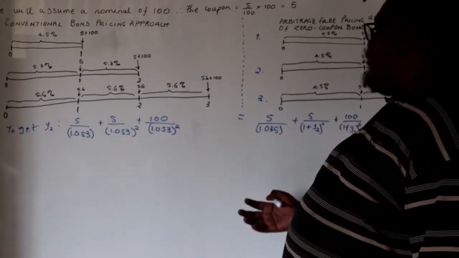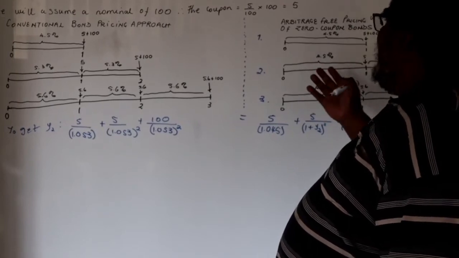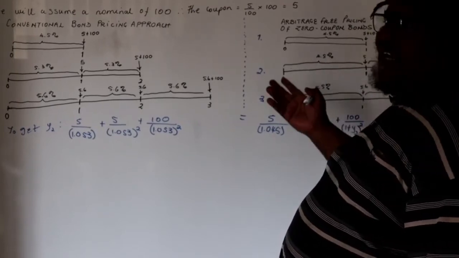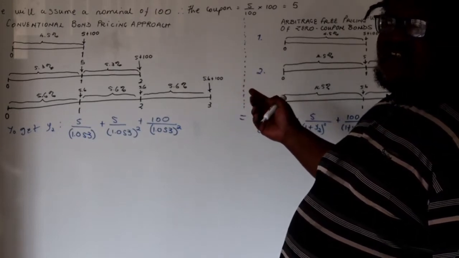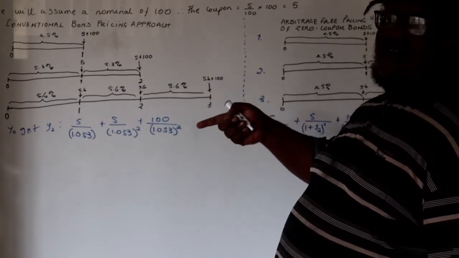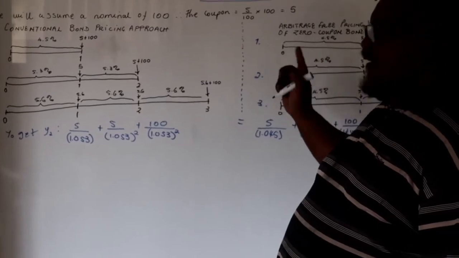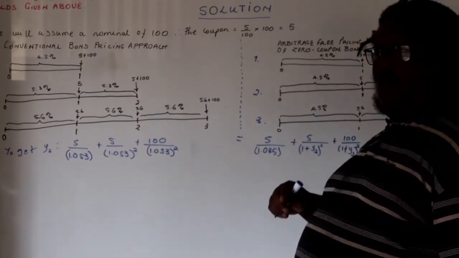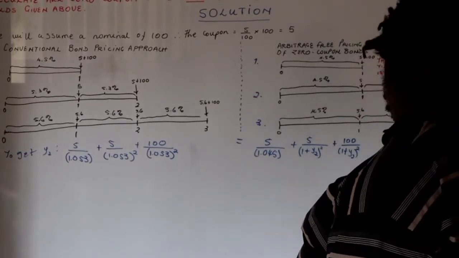An arbitrage opportunity is whereby you have the same market offering two different prices for the same commodity. So what you will do is you go and buy at the lower price and you go and sell at the higher price. So you don't want a market that does that. So we want this to be arbitrage-free pricing.